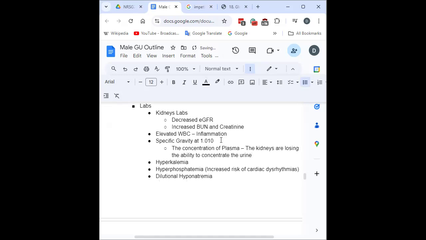So it's going to have the same or a very similar concentration as your blood, so it's going to stay close to the concentration of plasma. Just extra information if you're wondering.